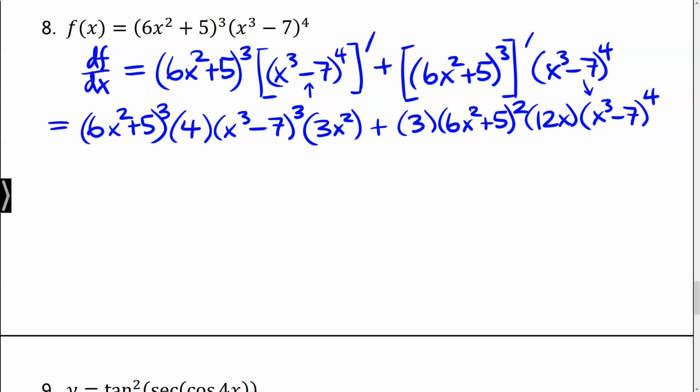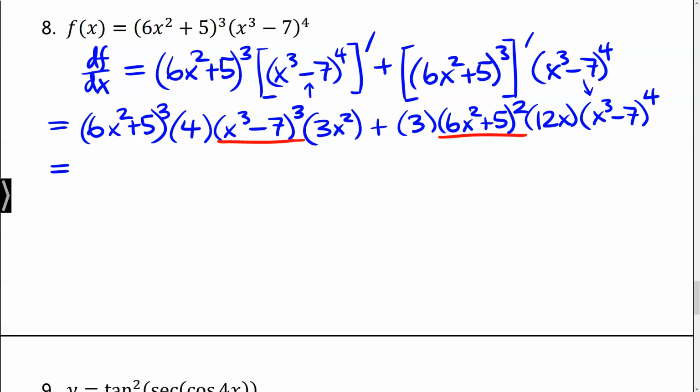Okay, now this is kind of a mess. What can we do with it? Well, what we need to realize is if we take the smallest power of each of these, so if we look at this, 6x squared plus 5 all squared, and then x cubed minus 7 all cubed, those are the smallest power of each of those. So we can take out a GCF there.